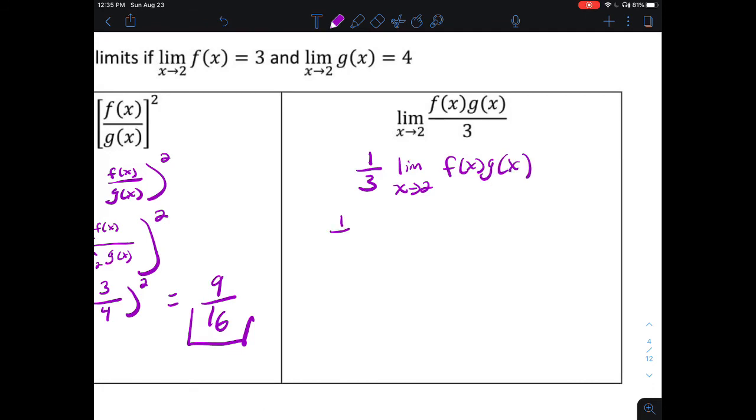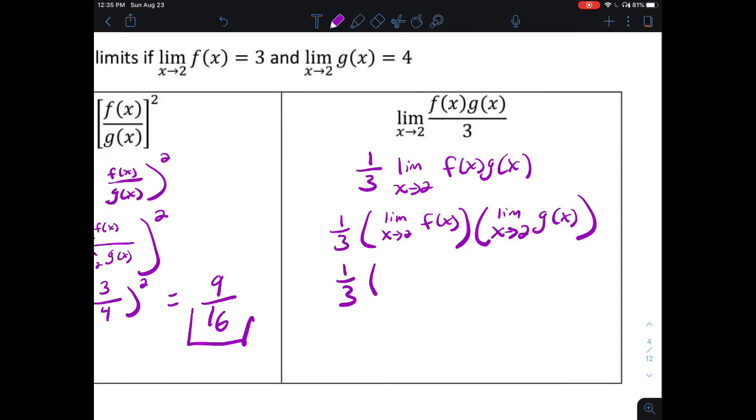And then use the property of limits that says if you have a product, you could find the limit of each function separately and then multiply them together. And so I get my limits separately. Now I can substitute in the given values. So 1/3 times 3 times 4. And that gives us 4.